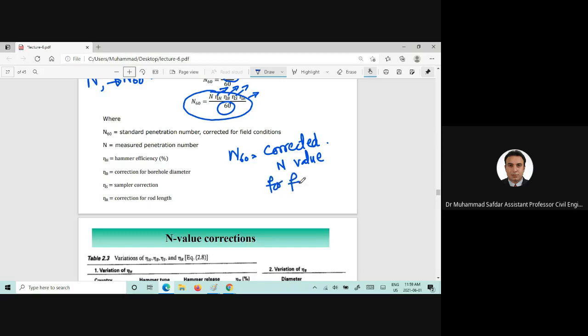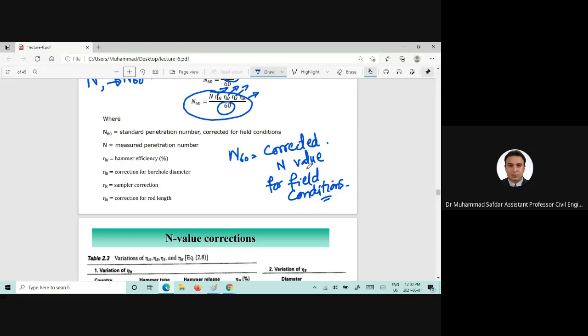for field conditions. So we are trying to correct this value, and the reason behind doing this correction was that in different parts of the country people were using different rod lengths, different samplers, different borehole diameters.